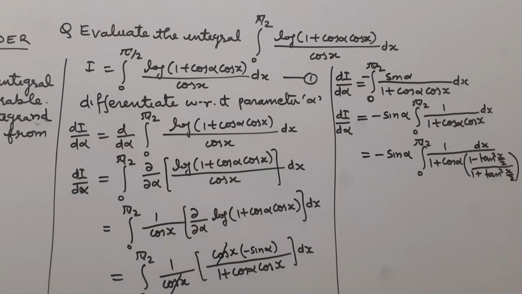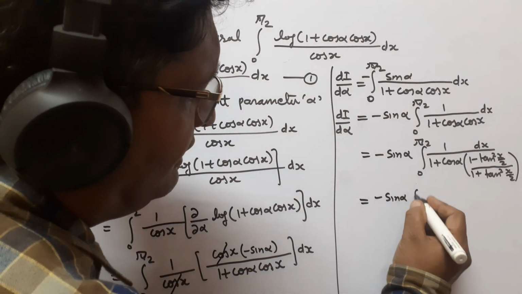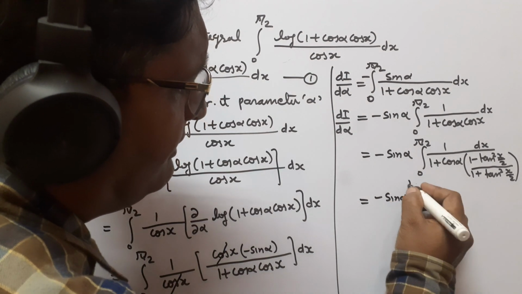Here in place of cos x we put 1 minus tan square x by 2 upon 1 plus tan square x by 2. Now we are taking the LCM in the integral sign.